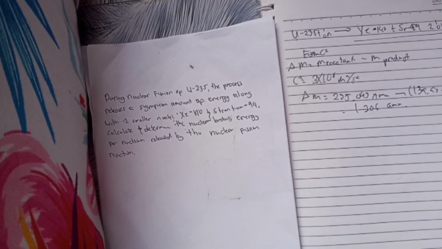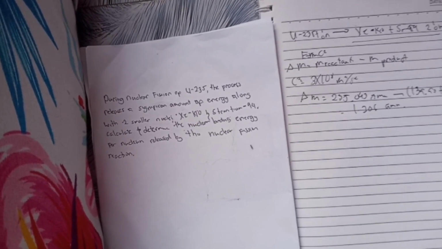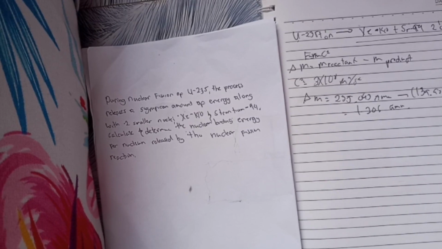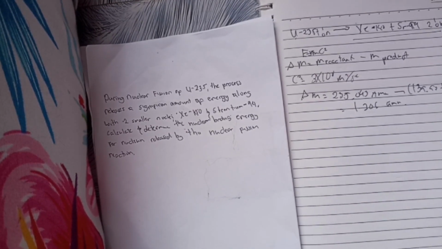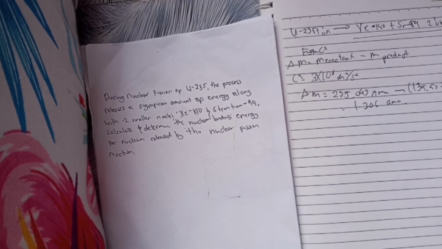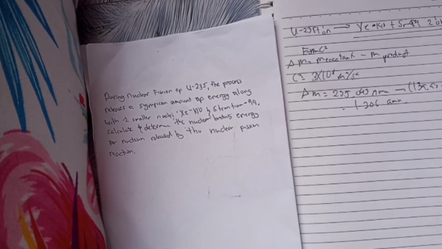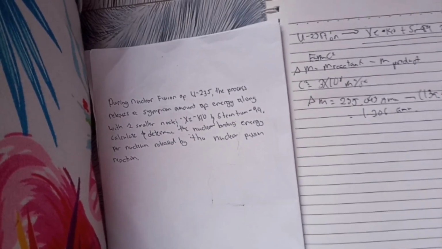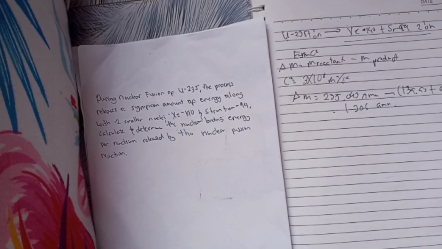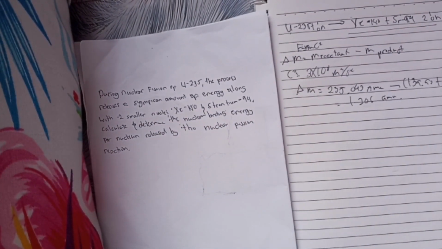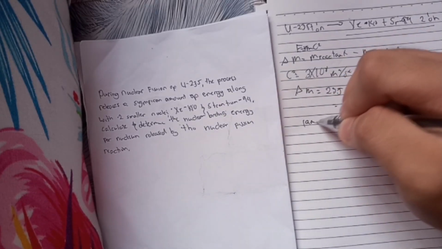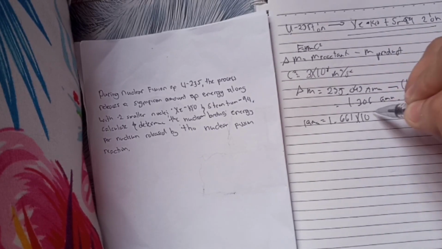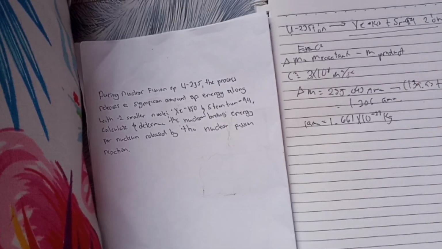Kaso nga lang, sa pagkuha ng nuclear binding energy, ang unit na gagamitin natin doon is joules. So, bago natin i-multiply yung c squared or speed of light, kailangan muna natin i-convert yung AMU into kilogram. Para magawa yun, imumultiply lang natin sa value ng kilogram na 1 AMU. 1 AMU is equivalent to 1.661 times 10 raised to negative 27 kilogram.